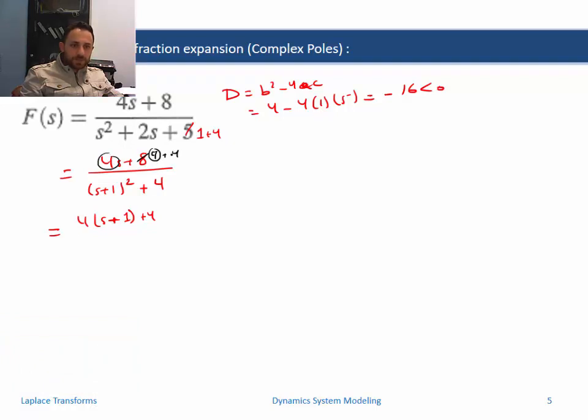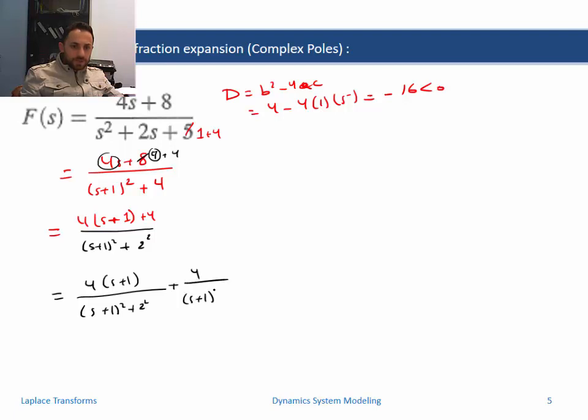We obtain 4s plus 1 plus 4 over s plus 1 squared plus 4, which is 2 squared. Now we get 4 times s plus 1 over s plus 1 squared plus 2 squared, plus 4 over s plus 1 squared plus 2 squared. So this 4 is 2 squared, right?